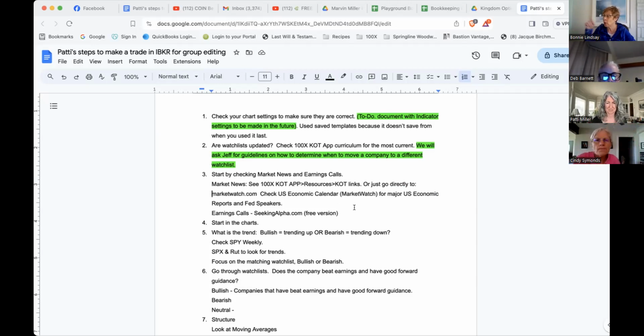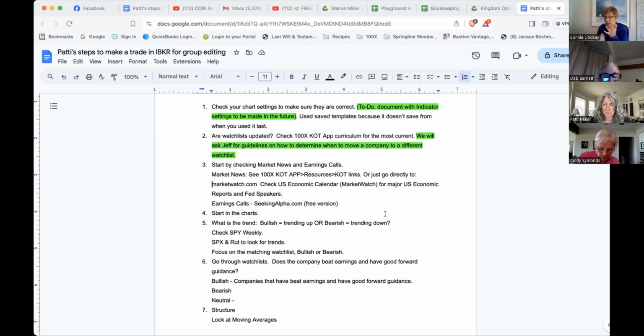I had already clicked on it, so my cache immediately went to it. I don't know if it did it automatically the other day. It must have, because I didn't scoot around. It's seekingalpha.com/earnings-calendar. I can put that in the chat if you want.